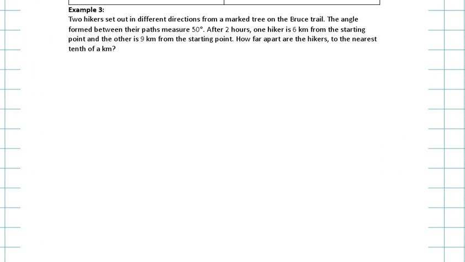Two hikers set out in different directions from a marked tree on the Bruce Trail. The angle formed between their paths measures 50 degrees. After 2 hours, one hiker is 6 kilometers from the starting point and the other is 9 kilometers from the starting point. How far apart are the hikers to the nearest tenth of a kilometer?